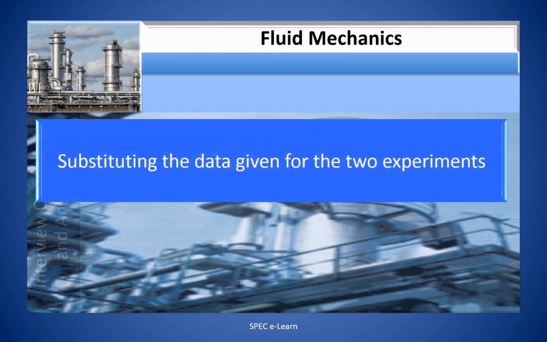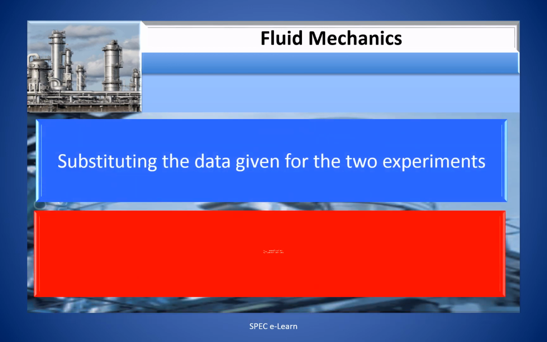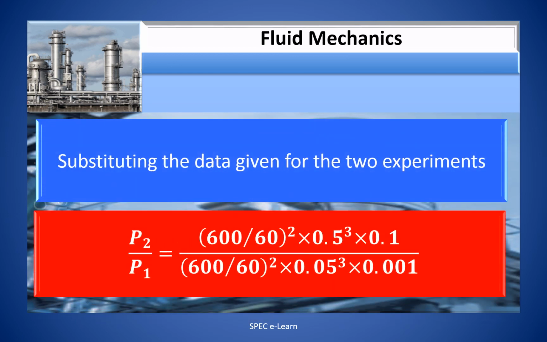Substituting the data given for the two experiments in the above relationship, we get P2 by P1 equal to 600 by 60 squared into 0.5 cube into 0.1, divided by 600 by 60 squared into 0.05 cube into 0.001.